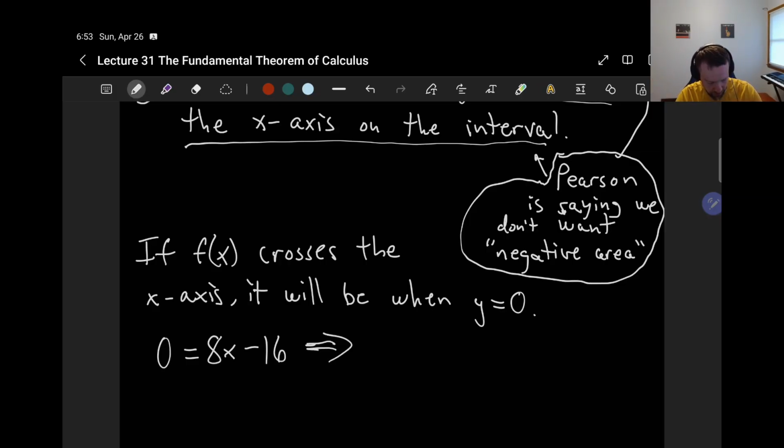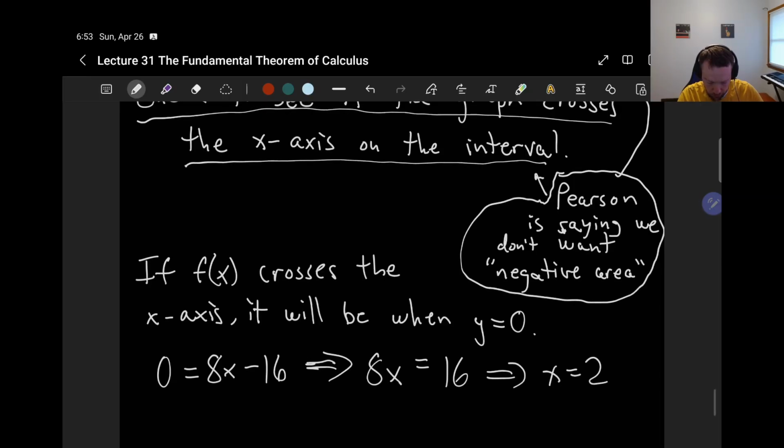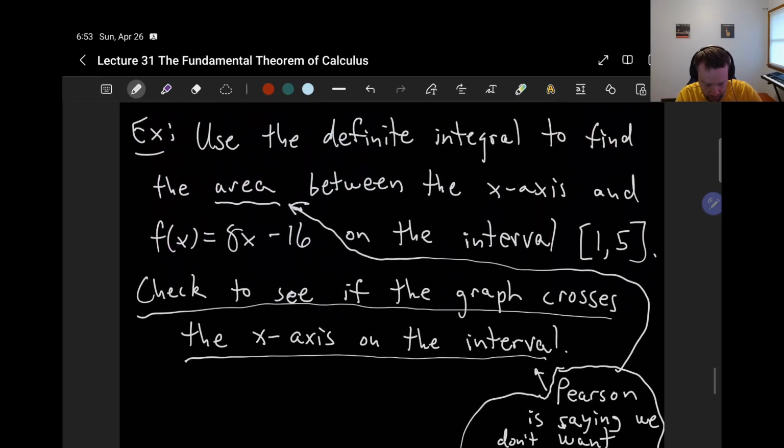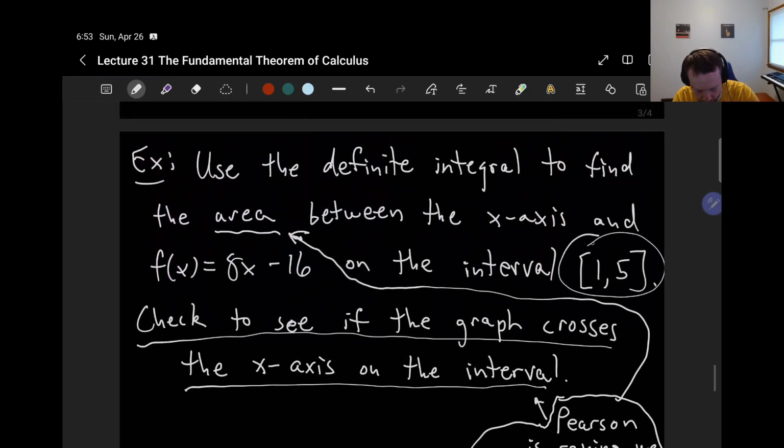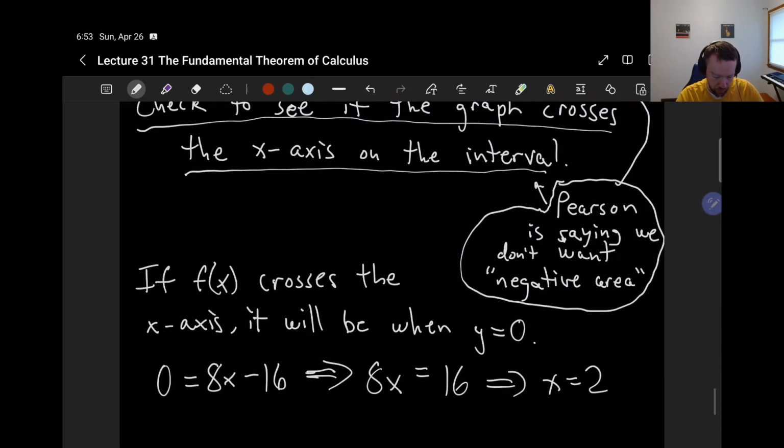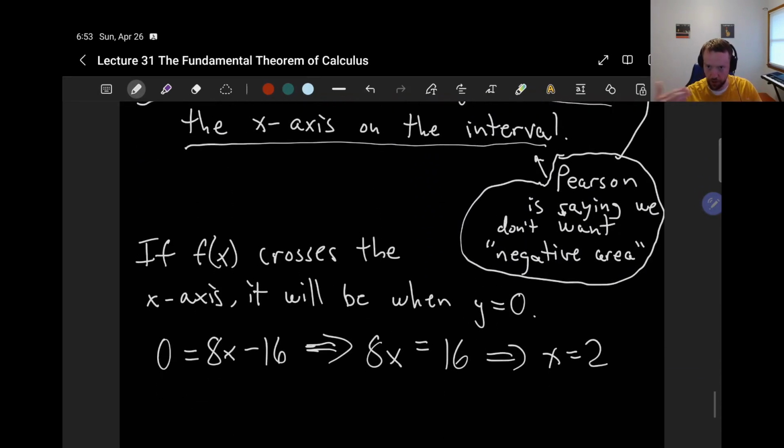This implies you do a little algebra to solve for x, you get 8x equals 16, or x equals 2. Now, is this in our interval we're concerned with? Well, our interval is 1 to 5, so yes. It means we have a point in here where we're crossing the boundary.